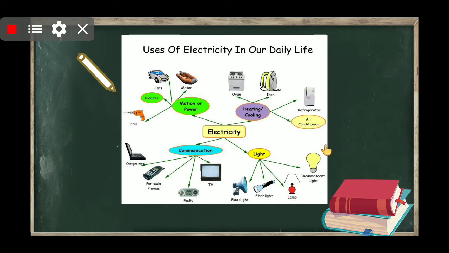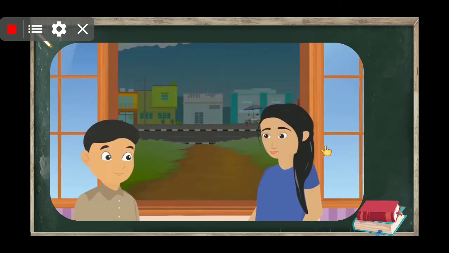The factories have very large machines, and these machines work on electricity. So students, electricity plays a very important role in our life. Here we are going to study what actually electric current is.